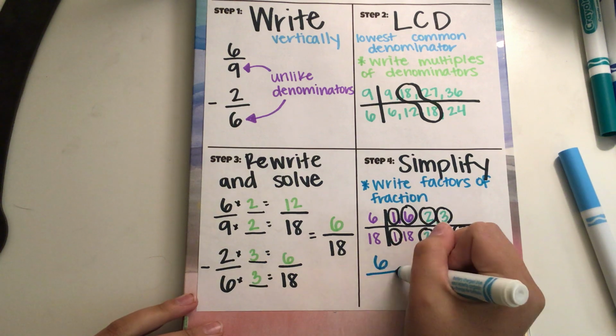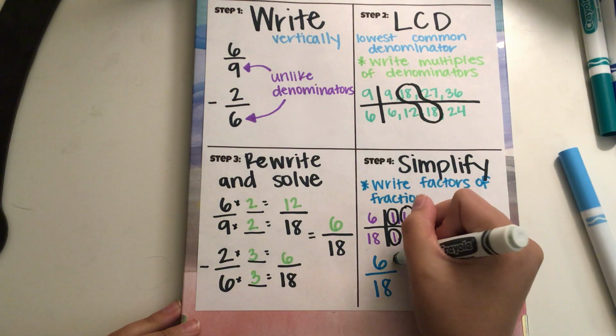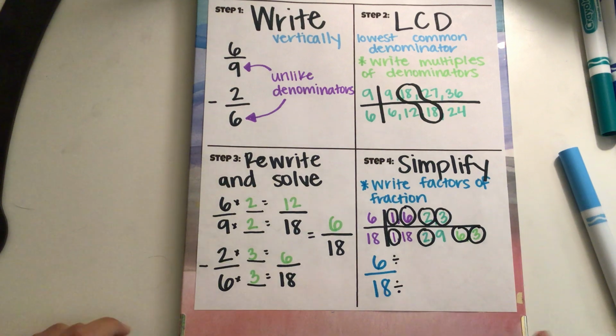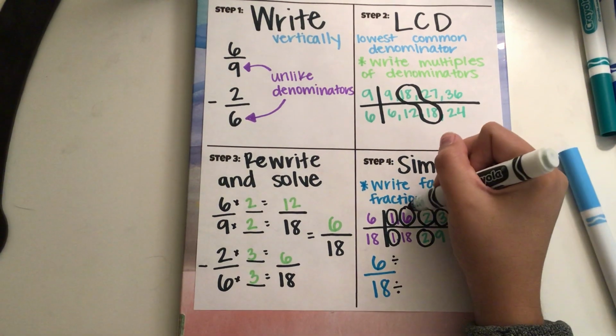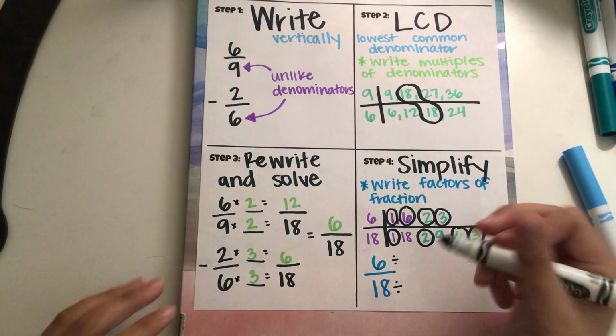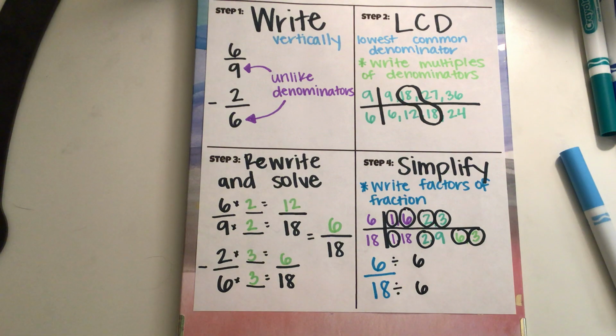So I'm going to write 6/18 down here. I'm going to be dividing. And remember, whatever I do to the top, I do to the bottom. Whatever I do to the bottom, I do to the top. I'm dividing them both by my biggest factor, which was 6. So I'm going to divide the top by 6 and the bottom by 6.